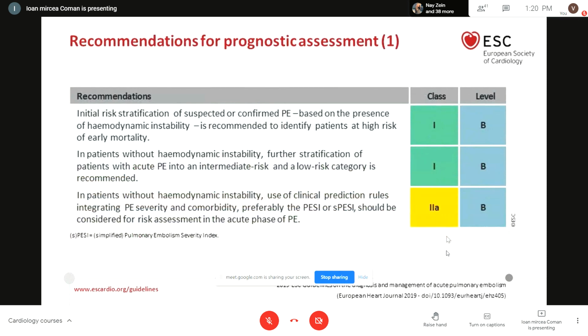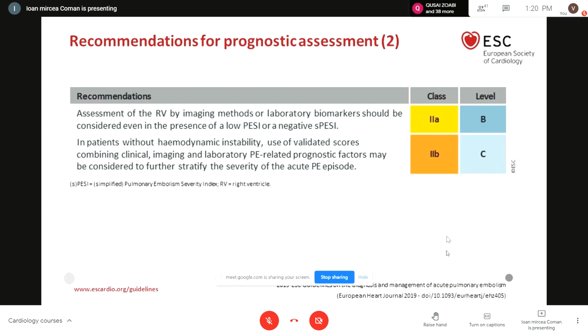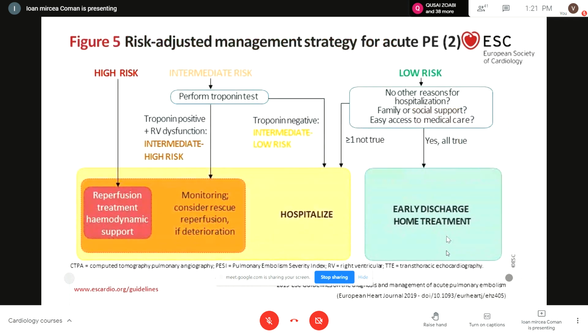So the initial risk stratification using the PESI score is very important because it gives us a clue how aggressively we should treat our patient. And how do we treat them? If we have a high risk patient with hemodynamic instability, we should, as quickly as possible, use thrombolytic therapy.